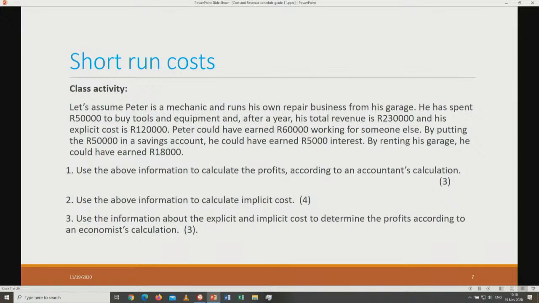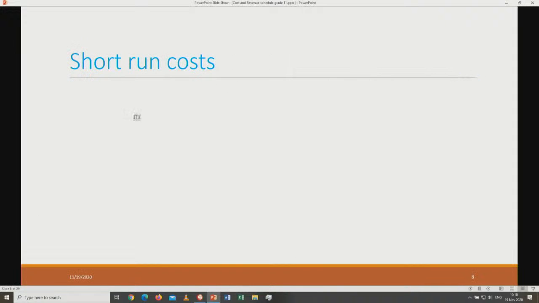Peter could have deposited his 50,000 in a savings account and earned an amount of 5,000. And he could have also used his skill by working for somebody else and earned an amount of 60,000. Those are implicit costs. Now, let's do the calculation of implicit cost again. So we're going to calculate all our implicit costs.